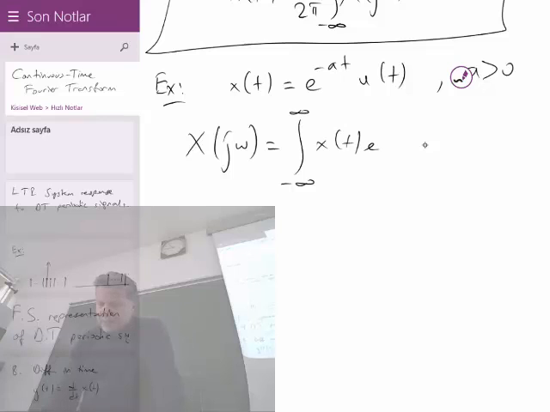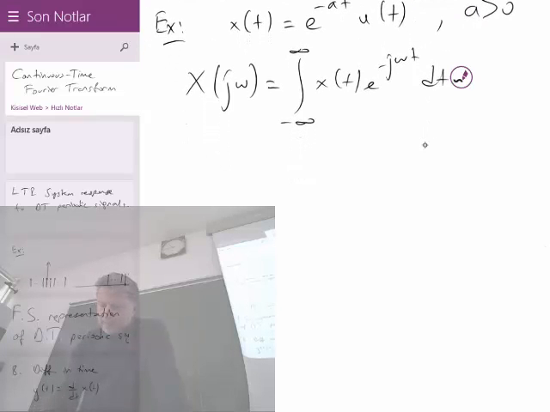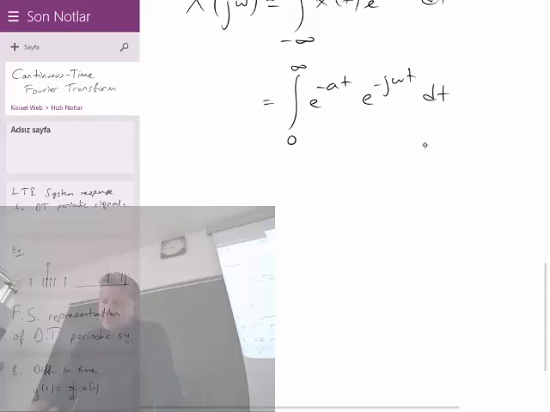The formula is x of t e to the minus j omega t dt, with the integration starting from 0 to infinity, because there is a u of t inside x of t, and that makes all values of x of t to be 0 before 0. And after 0, the values are e to the minus at. You don't have to put u of t, it is all ones in this range, and e to the minus j omega t dt. Let's proceed.